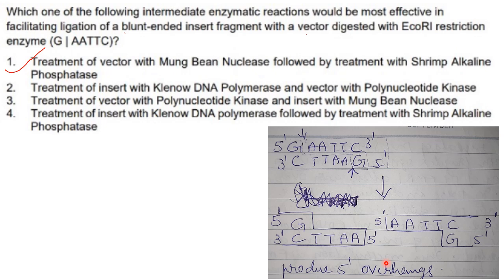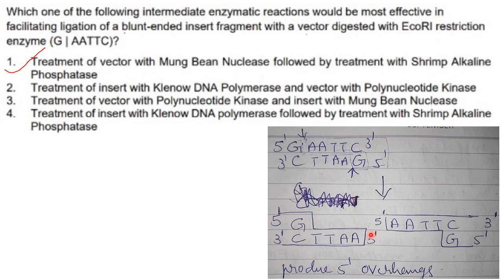That is what mung bean nuclease does. Then these restriction-digested fragments will contain a 5 prime terminal phosphate. The presence of terminal phosphate creates a significant problem in the blunt end ligation because it results in self-ligation of the vector backbone. Now you have digested the vector with EcoR1.